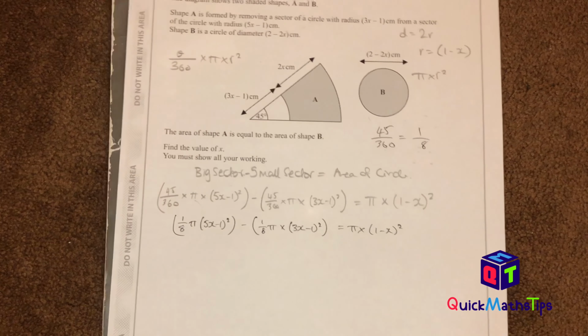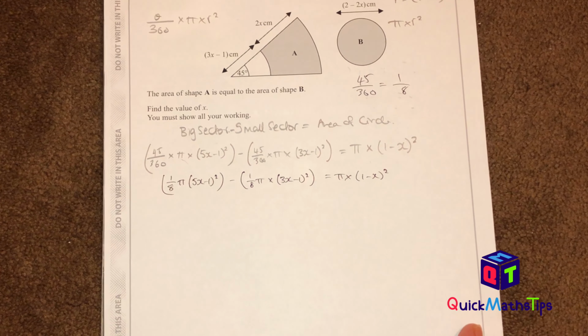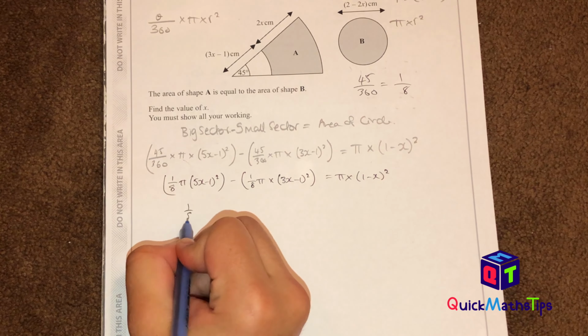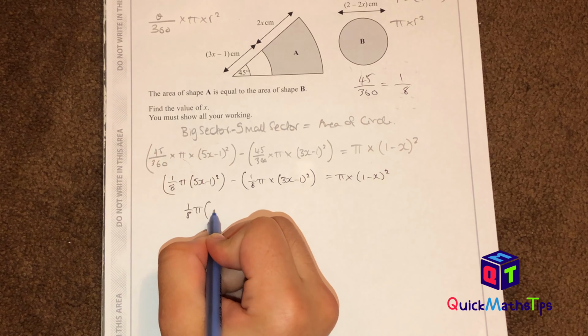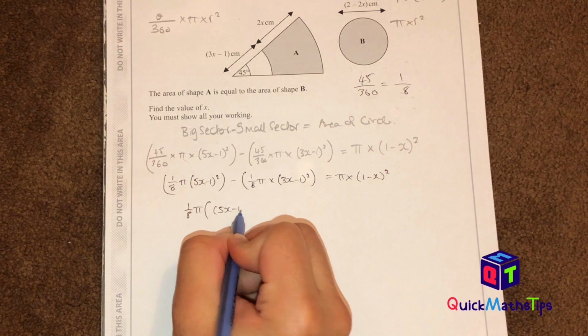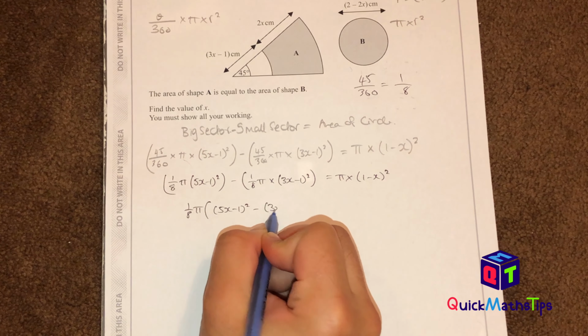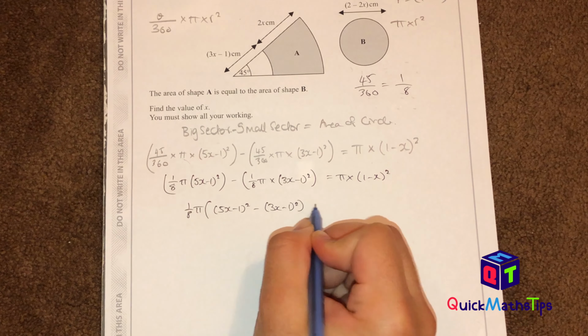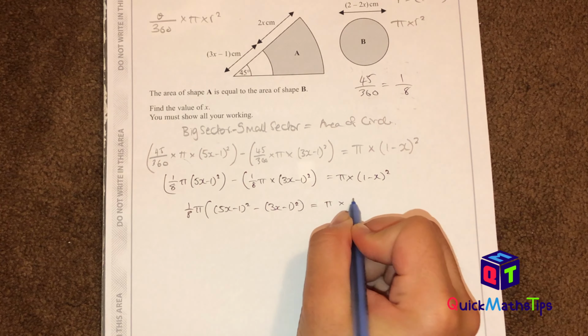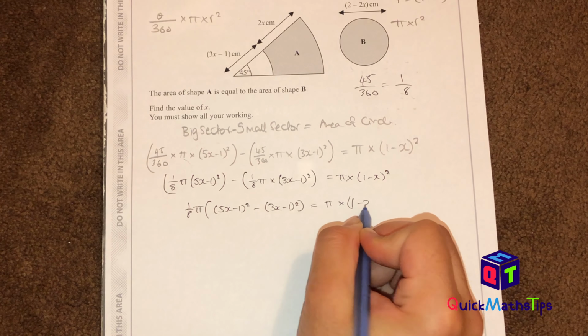Now I'm going to factorize the first two by 1/8 pi. So I'm going to pull out 1/8 pi, and inside my bracket I'm going to have 5x minus 1 squared, take away 3x minus 1 squared, equals pi times 1 minus x squared.